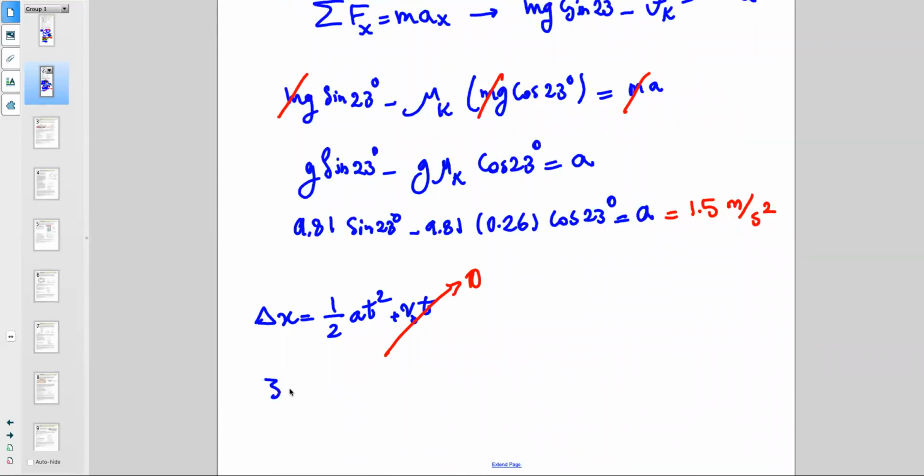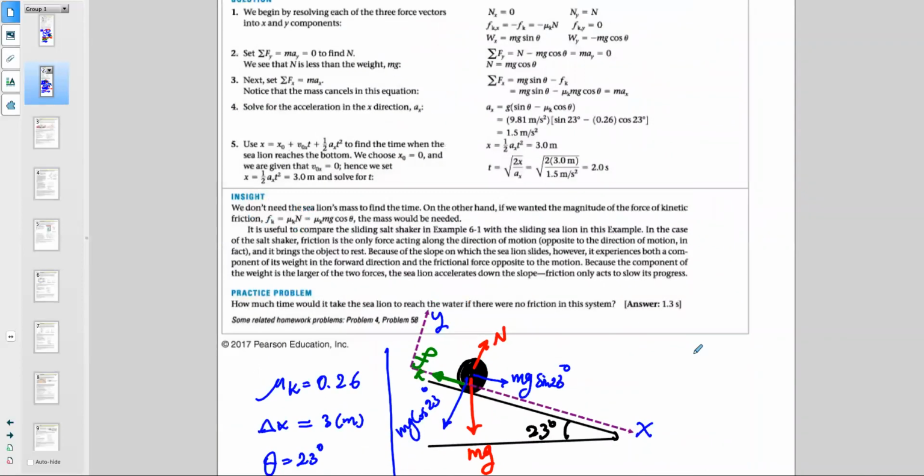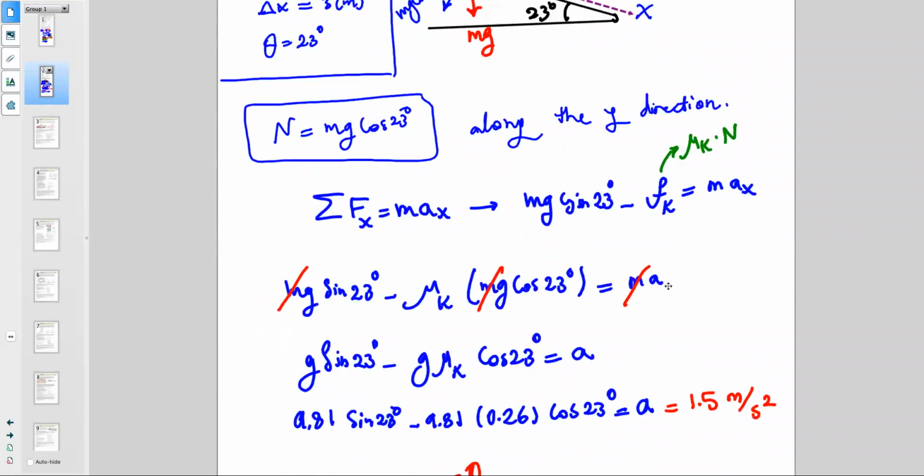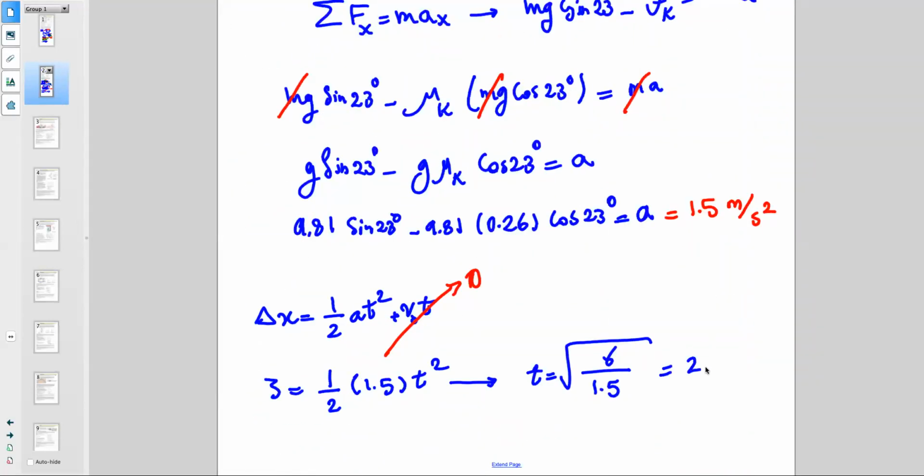Delta x is 3 because the whole ramp is 3 meters. Half a is 1.5. So t is under the square root, 2 times 3 is 6, over 1.5, and that means 2 seconds of time.